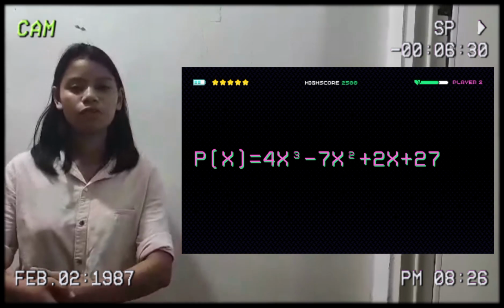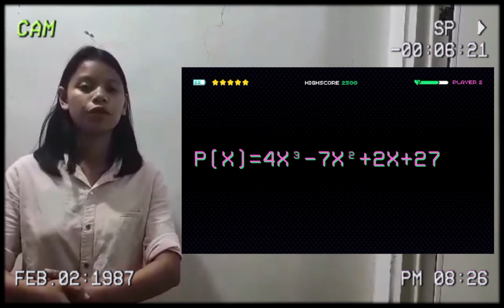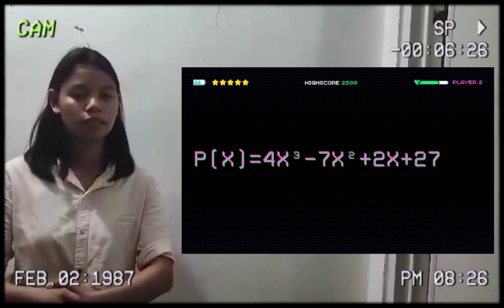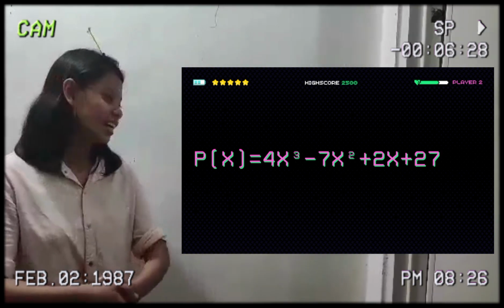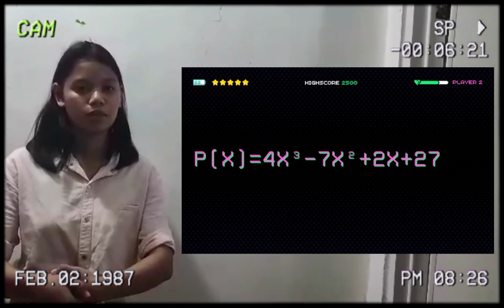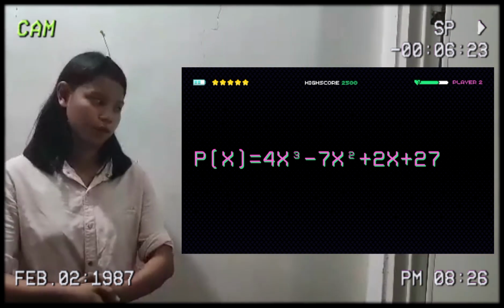Then, since we're trying to find x, we need to replace all the x cubed of this with x. So x cubed raised to the power of 3 is equal to 4x cubed.